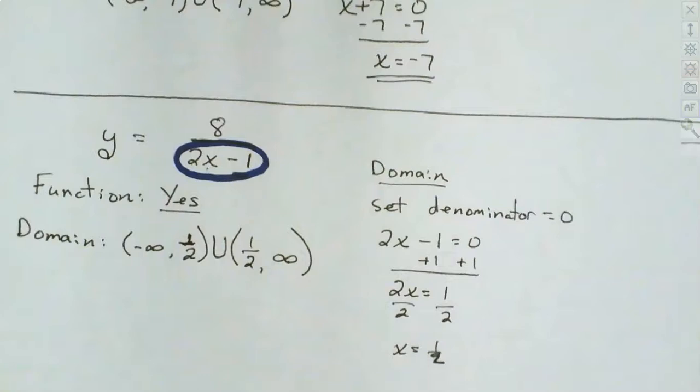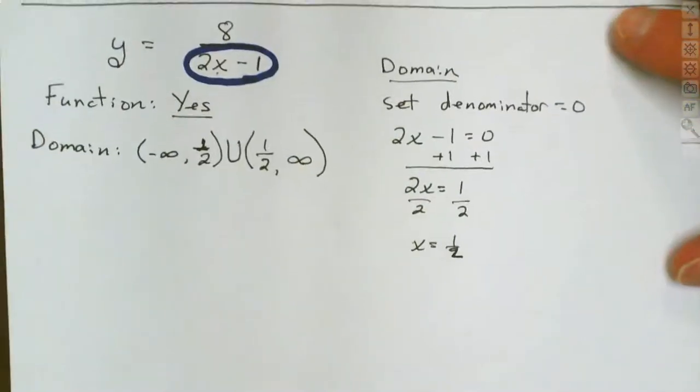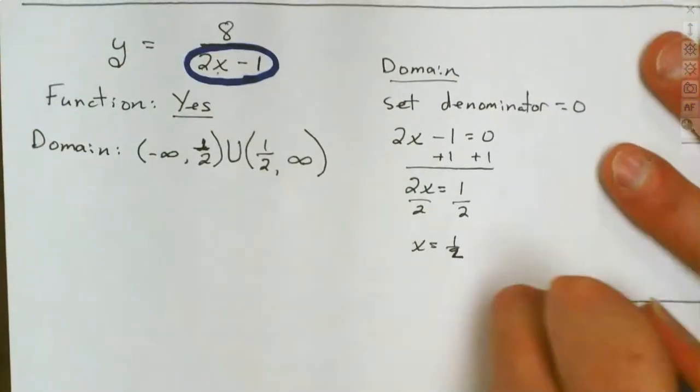All that is saying is that every number is going to work in the domain except for what? Half. Because a half would give you division by 0. One more of these before we look at the roots.